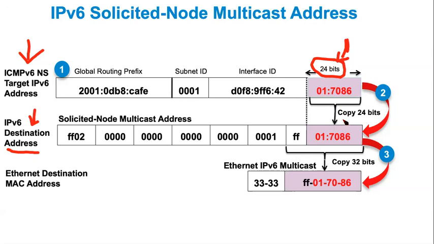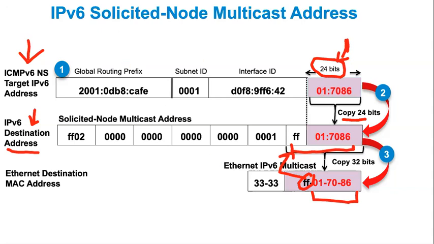And then we copy these 32 bits to the IPv6 address. So it's really just the last 24 bits that get copied, but with the FF, it's part of the last 32 bits of the solicited node multicast address.